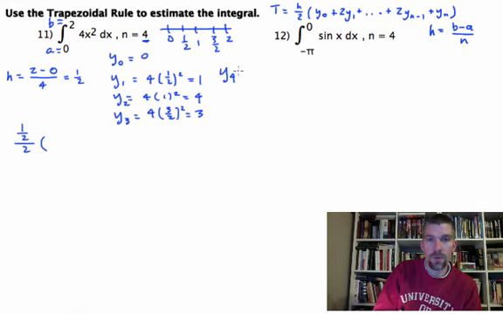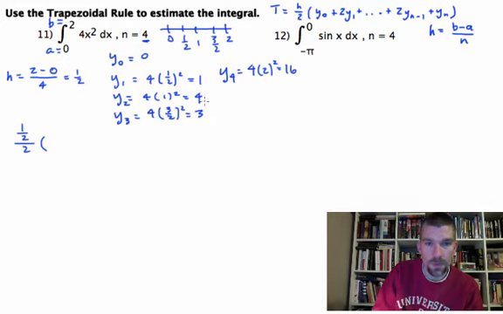So y4 would be what happens when we have 4 times 2 squared, which is 16. And I feel like one of my numbers is not right here. So there you go. I'm gonna pause this and double check my numbers. All right, I got a little typo. This guy right here should be 9. 3 squared is 9, not 3. So my fault. So 9.